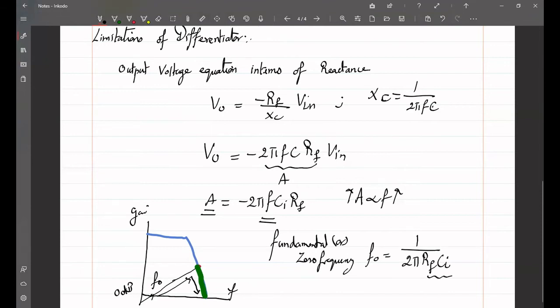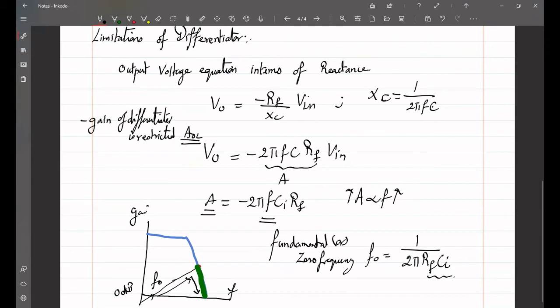Due to the capacitance value and the resistance value, the corresponding fundamental frequency will be attained. From this we can conclude that the gain of the differentiator is restricted by the open loop gain.